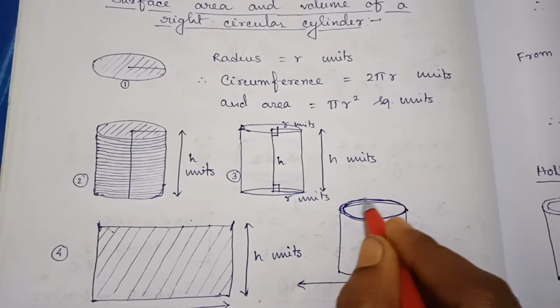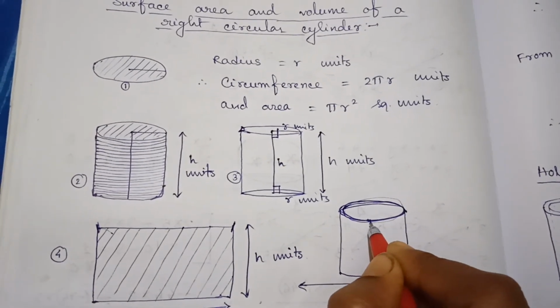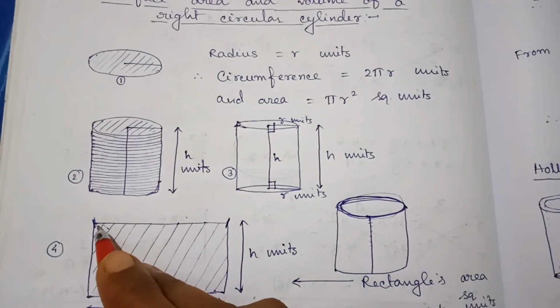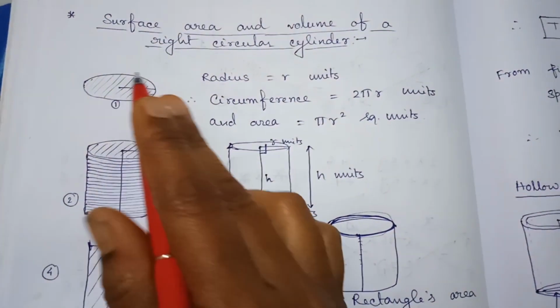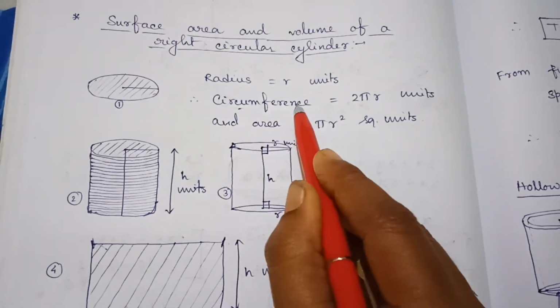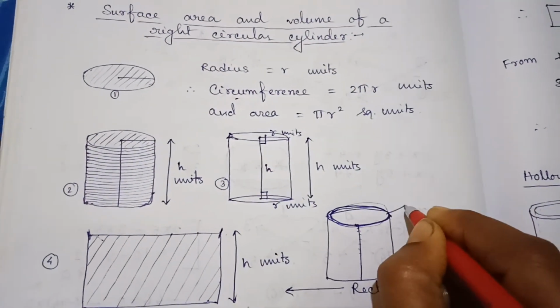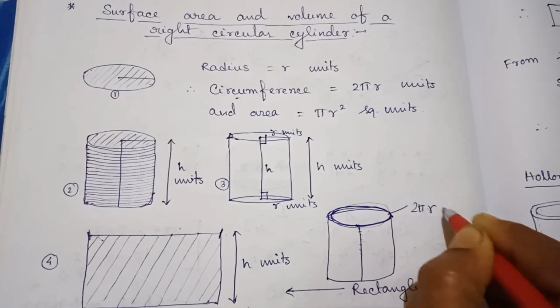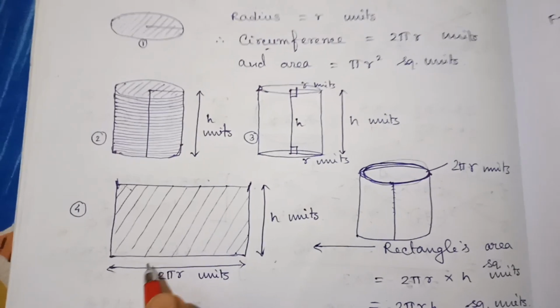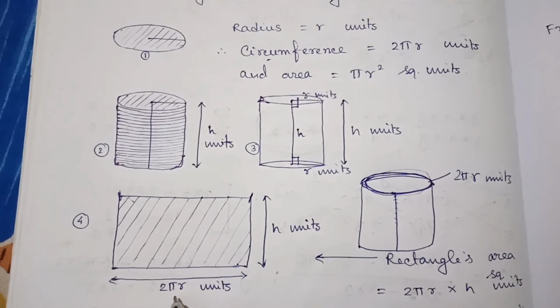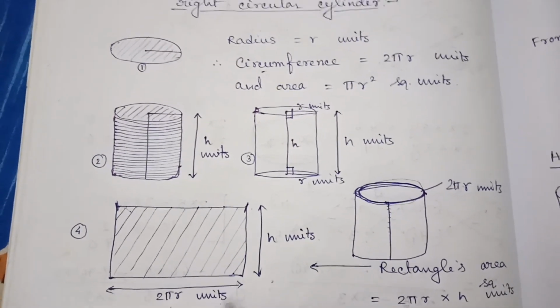So the boundary line is actually equal to its length. Now boundary line means its circumference. So this boundary line will be 2 pi r units. That's why I have taken the length as 2 pi r units.